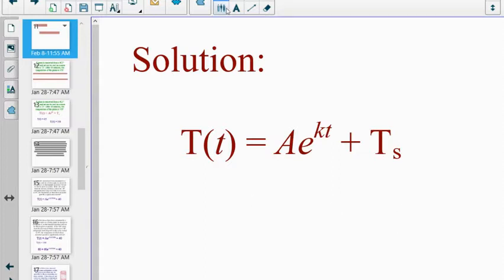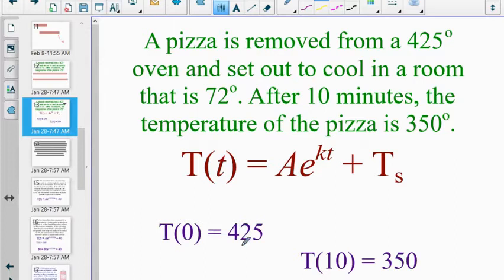Starting with the value of the temperature of the surroundings, we're given that in the statement of the problem. We're given that that is 72 degrees, so we can plug that in. As for the rest of it, I'm going to say that the temperature at time equals 0 is 425. So if I plug 0 in here, we end up with 425 equals A times e to the 0, which is just 1, plus 72. That goes pretty quick once you plug that in.